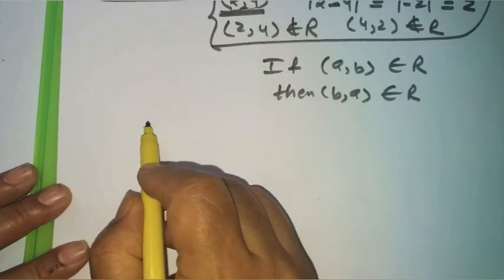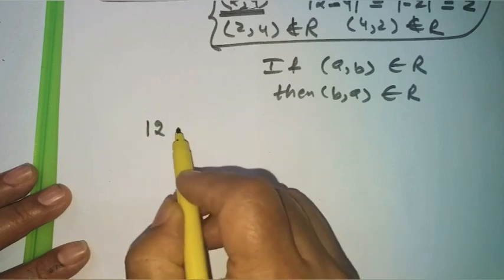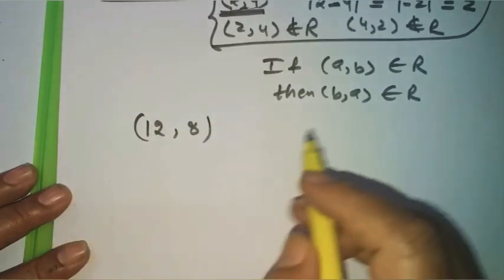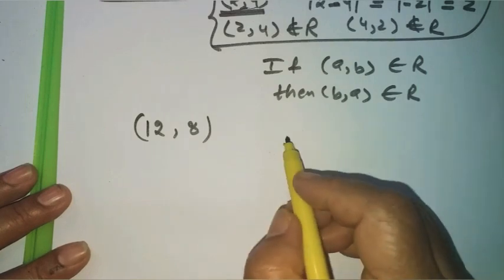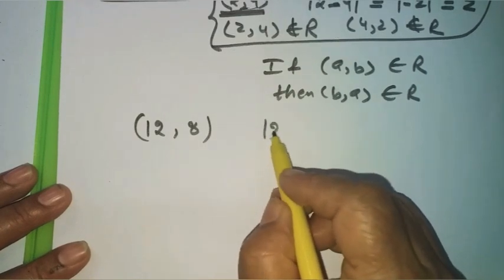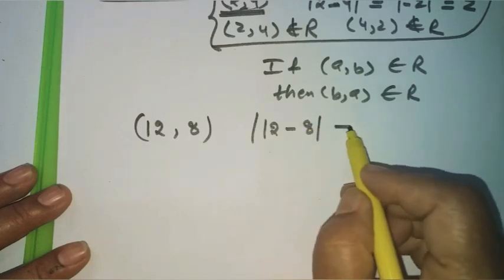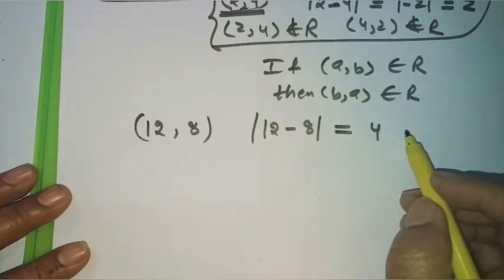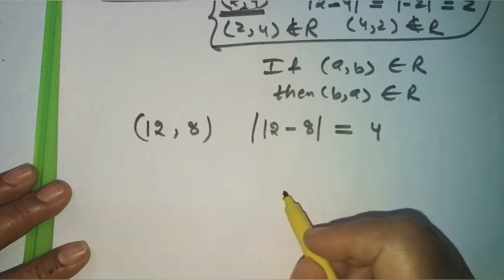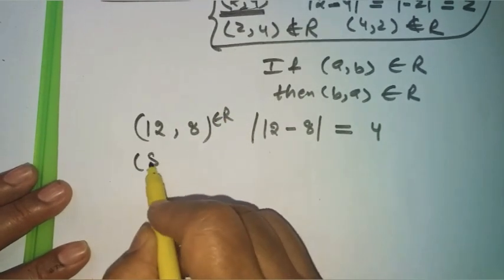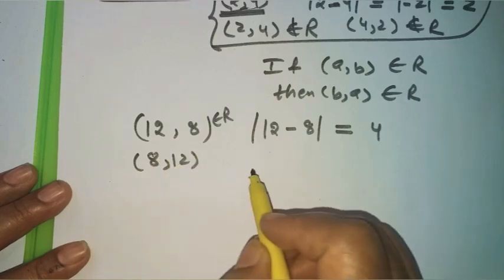So you can say 12 and 8. You want to check whether 12 and 8 belong to R or not. Please check the modulus of the difference 12 minus 8, which is 4, which is of course a multiple of 4, and therefore we can say that (12, 8) belongs to R. Now let us check the reverse ordered pair (8, 12).